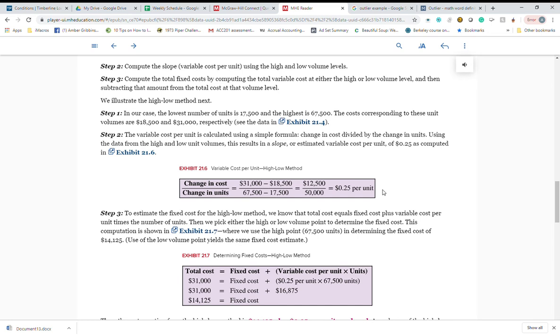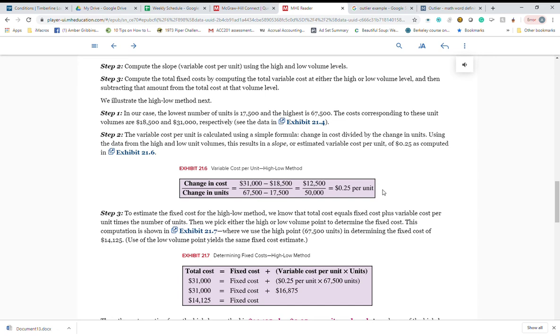Now, when you're picking it, people sometimes get confused when they get to this equation, because they may have a situation where there's a high cost and a low level of units, and they go to the wrong spot. It's hard to fully explain how you can get confused without putting this up on the board.